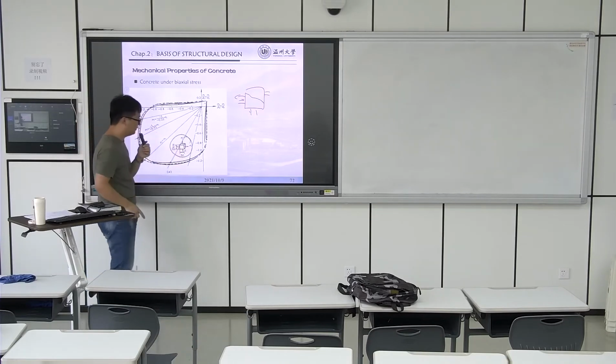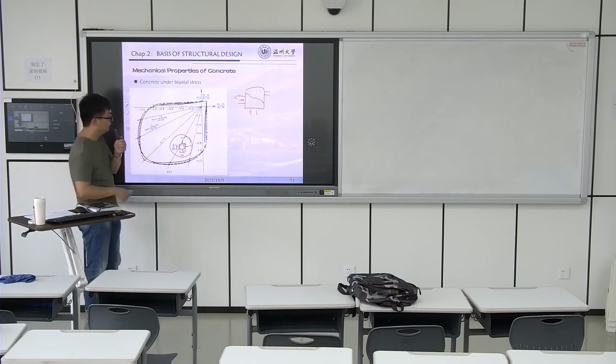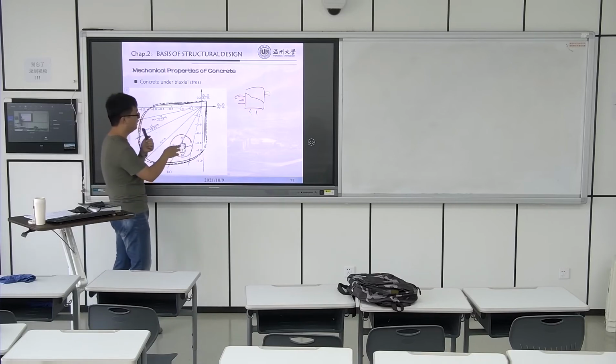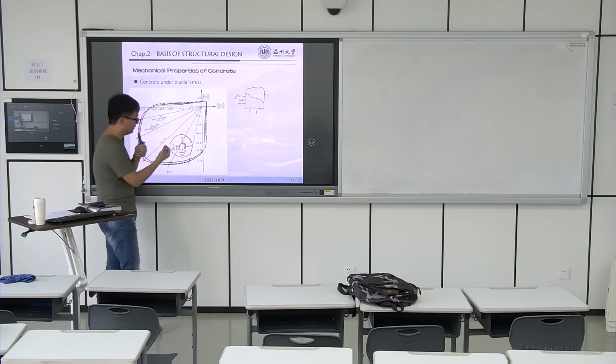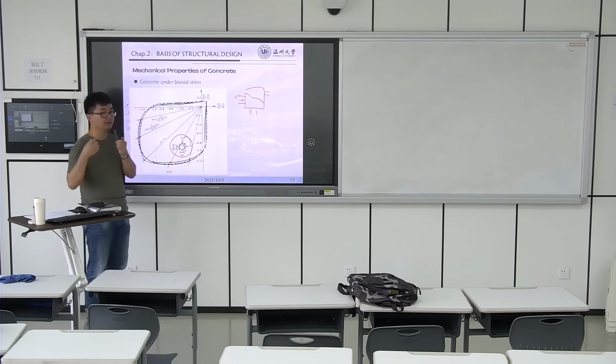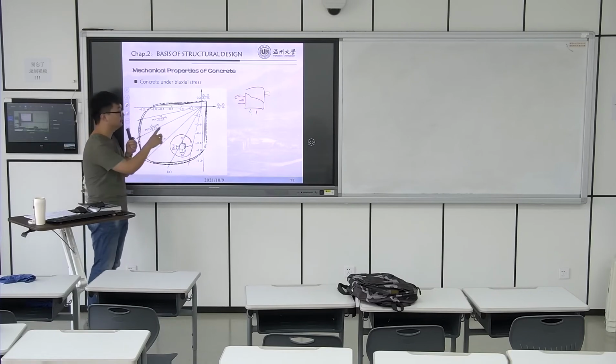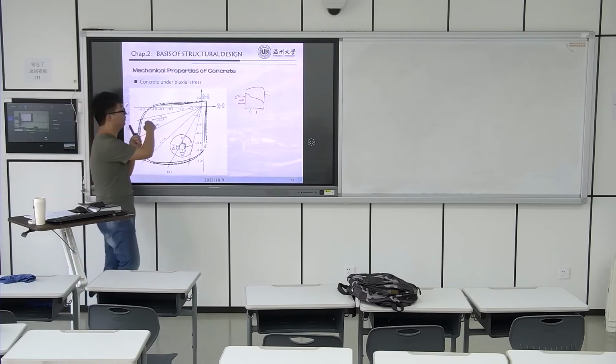They also give you the sample, so you can realize this direction is sigma 1, this is sigma 2. When we increase the load to a value, the specimen is destroyed, and we record this value and draw the curve. The shape will look like this.